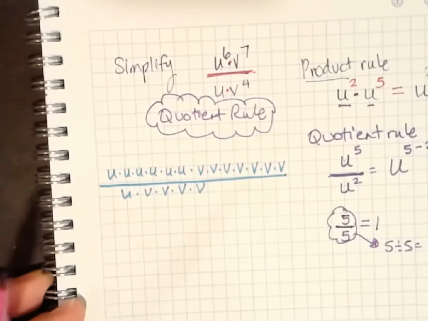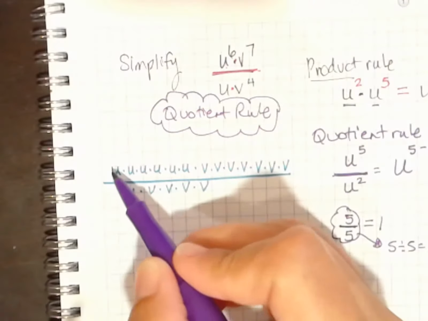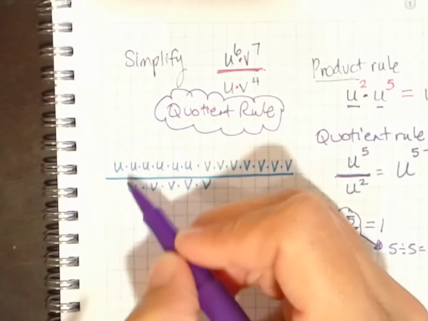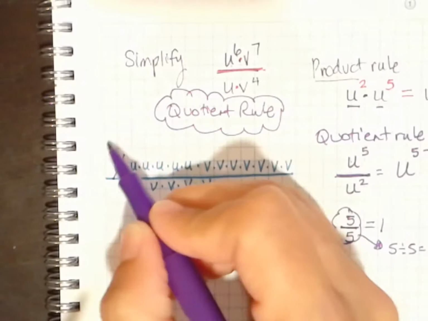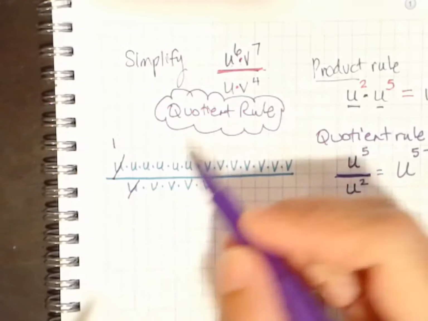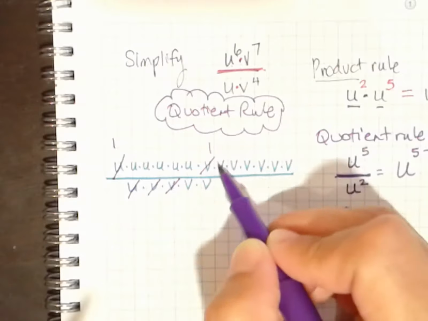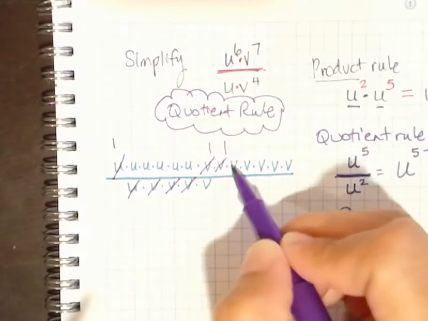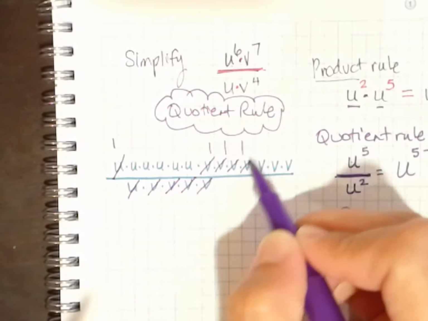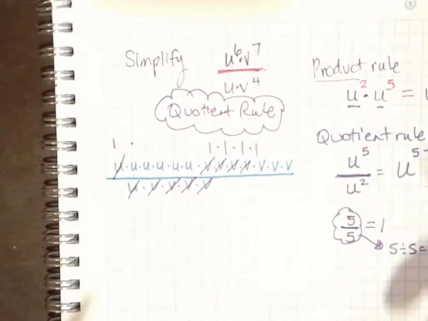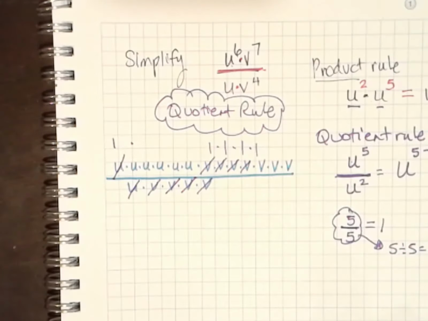So I see that I've got some variables of the same. I can call them bases or variables. So this u over this u is going to divide and make a 1. This v can divide with this v and make a 1. This v makes a 1. This v makes a 1. This v makes a 1. So now you have 1 times 1 times 1 times 1, which is 1.